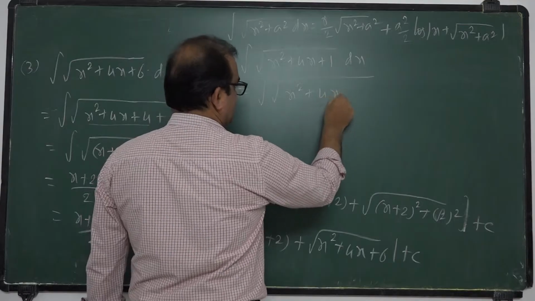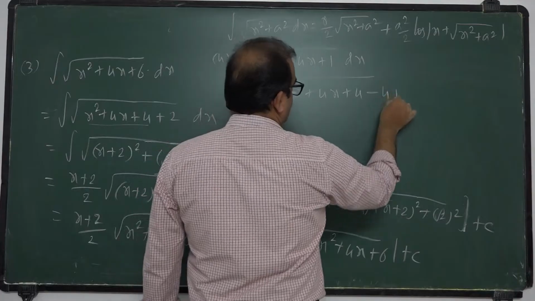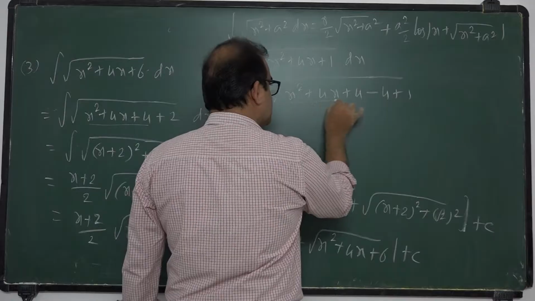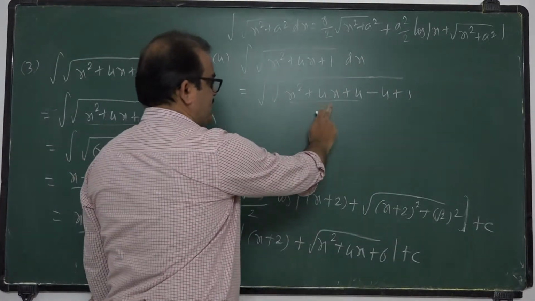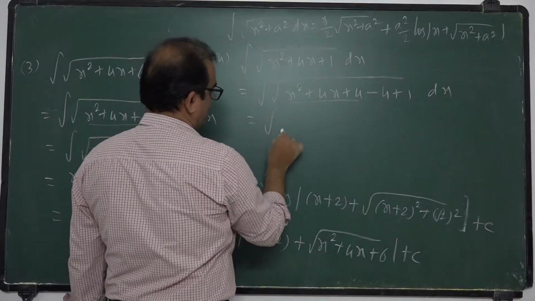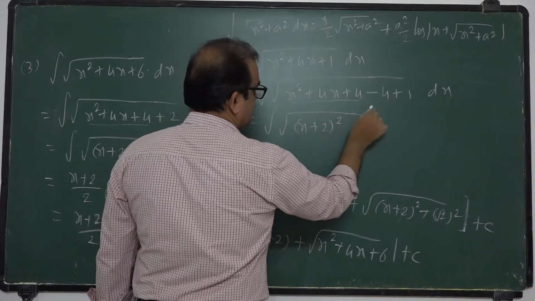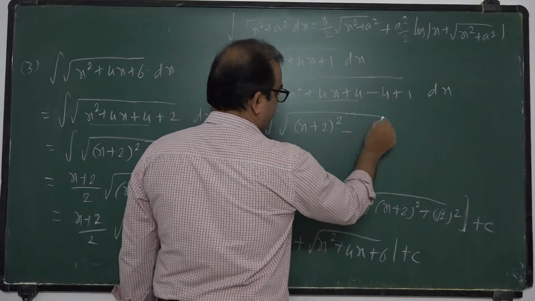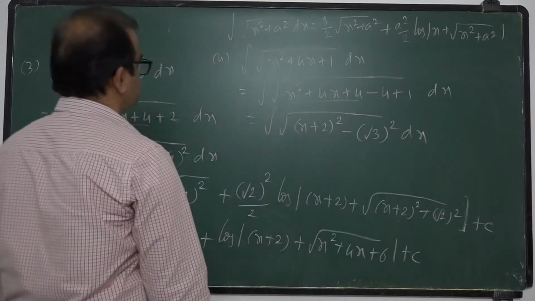Write it as x square plus 4x plus 4 minus 4 plus 1. Add 4 and subtract 4. Why? These three terms become x plus 2 whole square, which is a perfect square. So integral of root of x plus 2 whole square minus 4 plus 1, that is minus 3. Minus 3 is taken as root 3 whole square into dx.